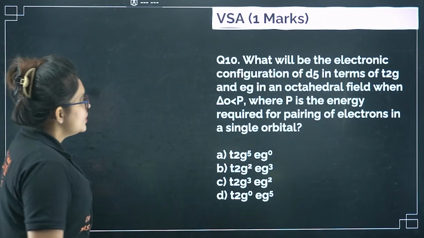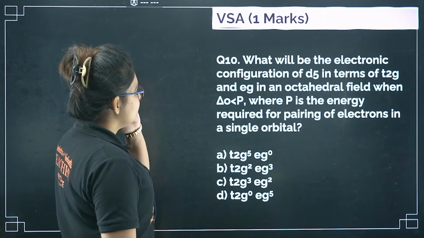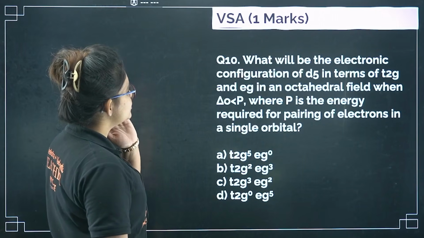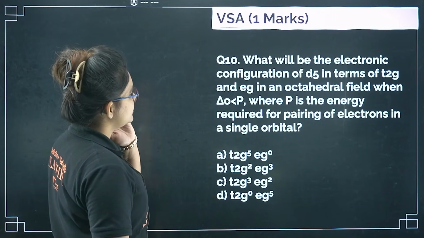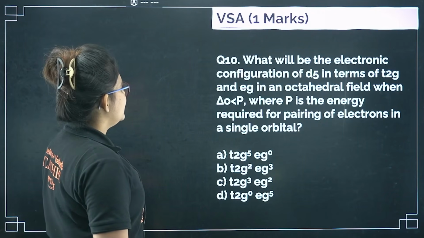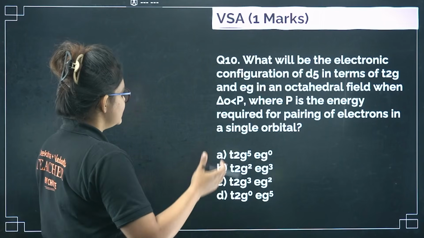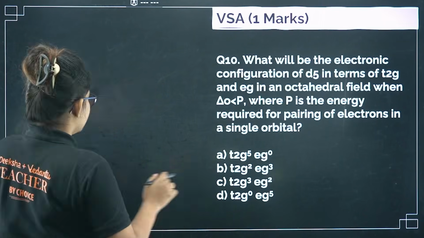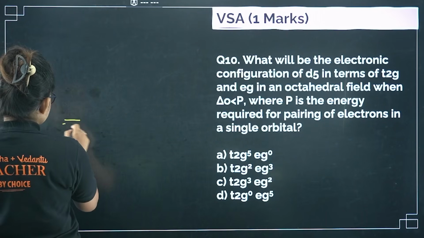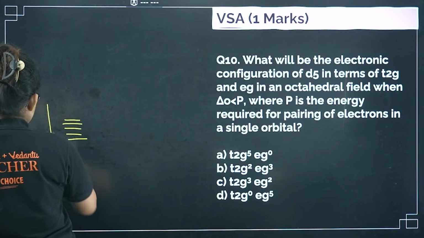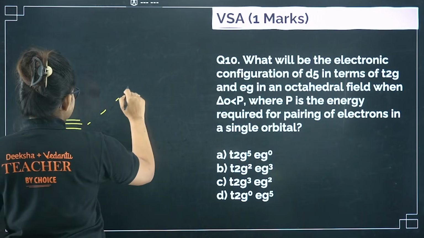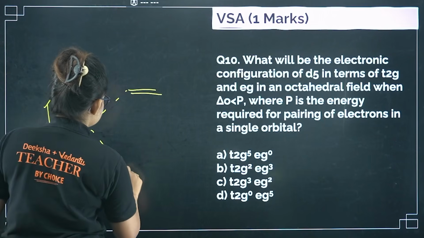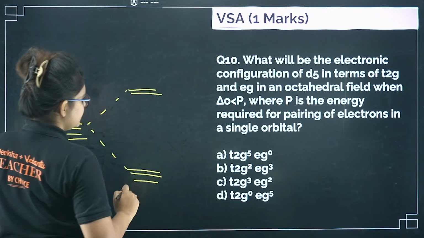Let us proceed. What will be the electronic configuration of d5 in terms of t2g and eg if the octahedral is filled when delta O splitting energy is less than P, pairing energy is more than delta O. Okay, let me just draw this for you. So, if it breaks down eg and this is my t2g, right.